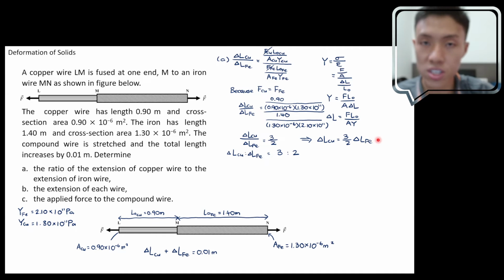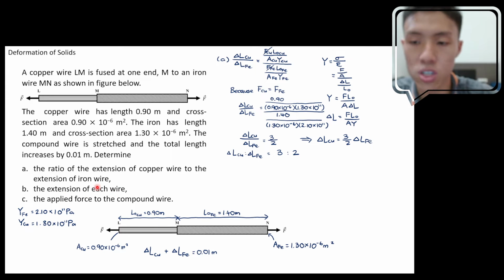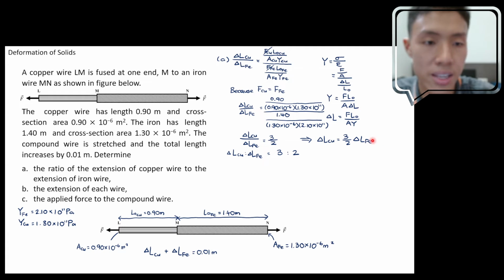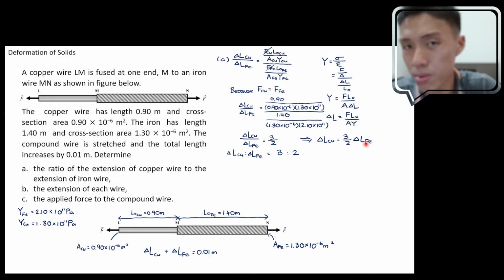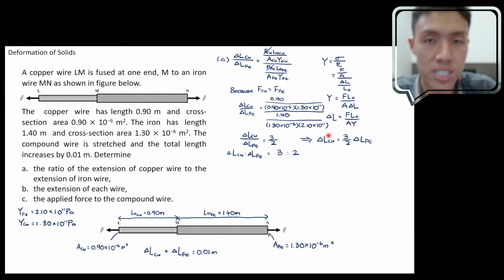Why do I want to rearrange the equation this way? Because now we can proceed to the next question, which is the extension of each wire. So how much is the delta L for copper? How much is the delta L for iron? You have the equation, but you have two unknowns over here. So when you have two unknowns, immediately you can pop up something in your mind, which is simultaneous equation. So you need two equations with the same two unknowns. Your unknowns here will be change of length of copper and change of length of iron.